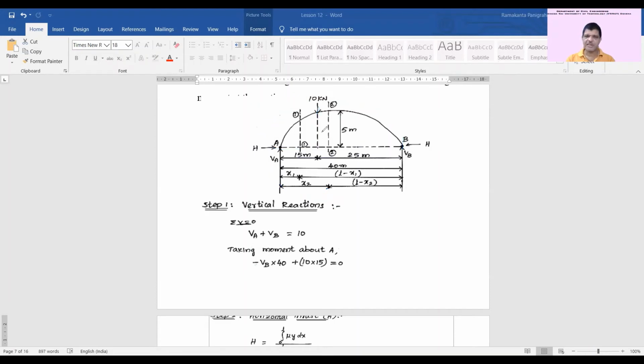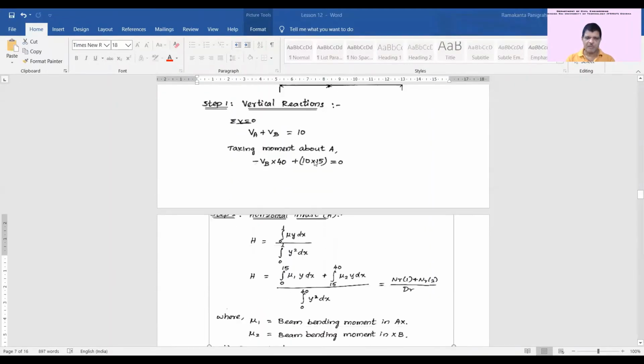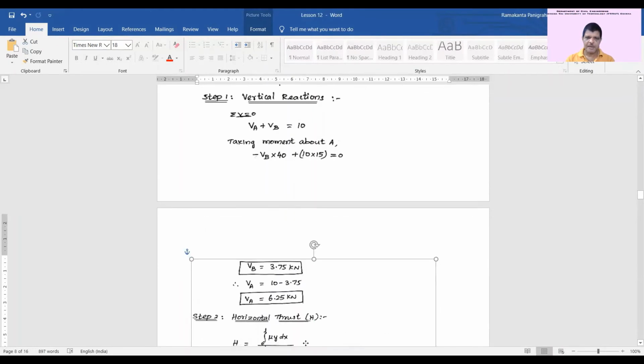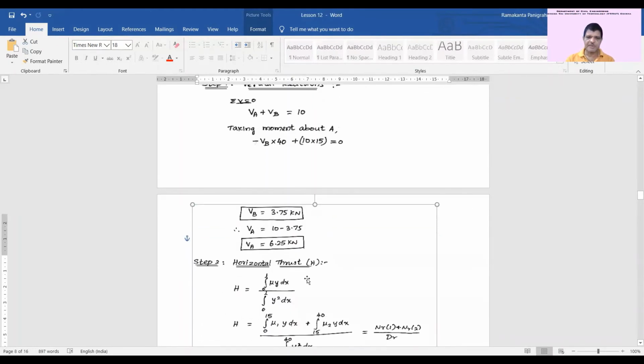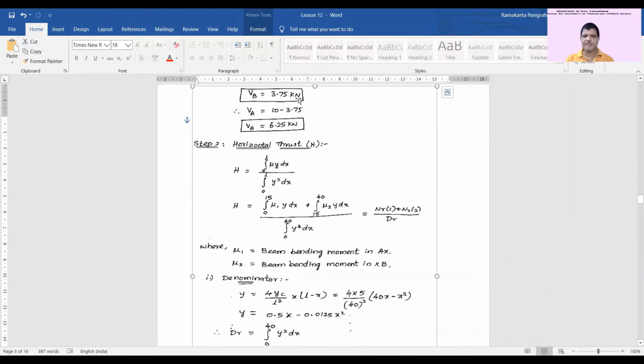From this equation, VB comes out to be 3.75 kilonewton. Now VB is equal to 3.75 kilonewton, and VA is equal to 10 minus 3.75, that comes to 6.25 kilonewton.